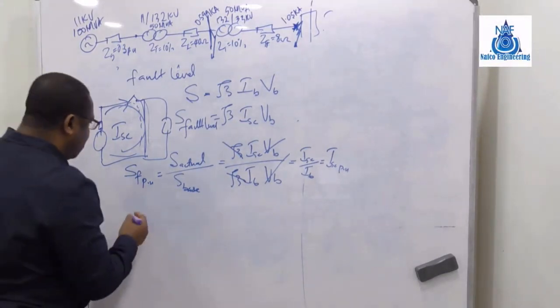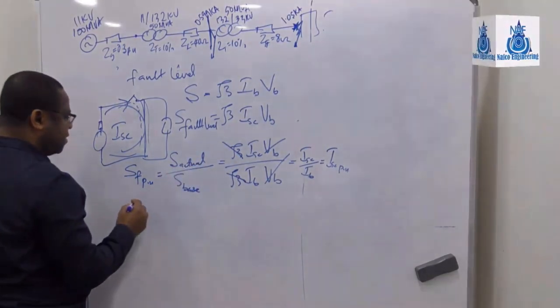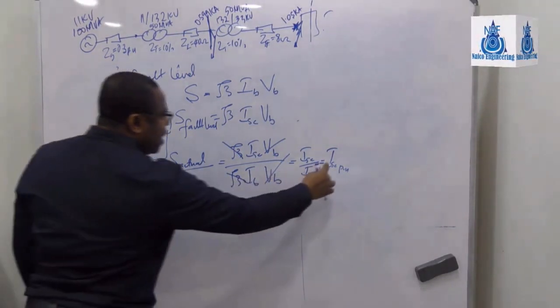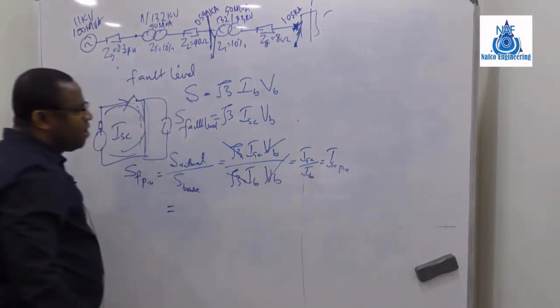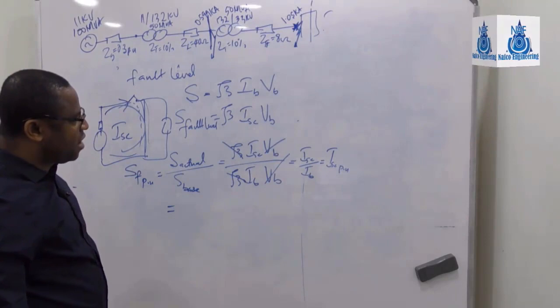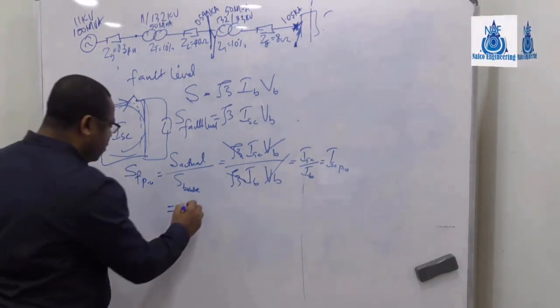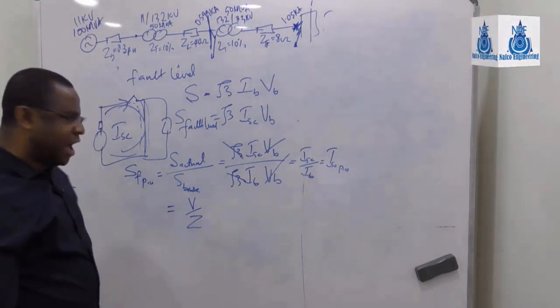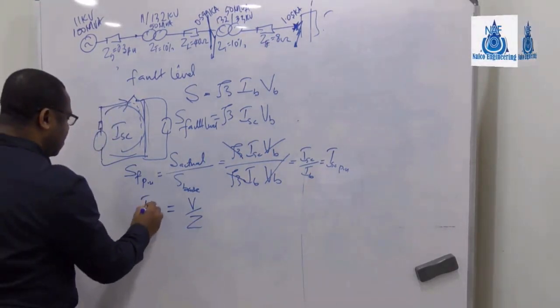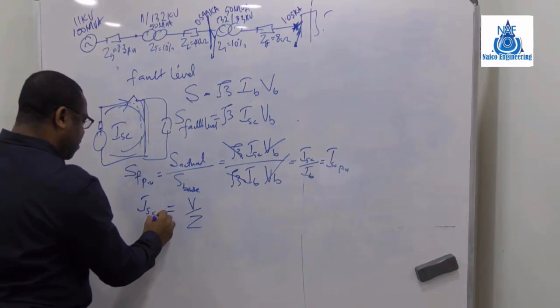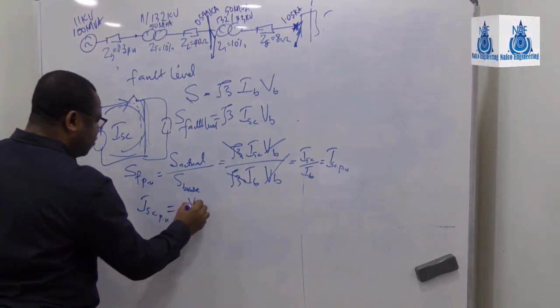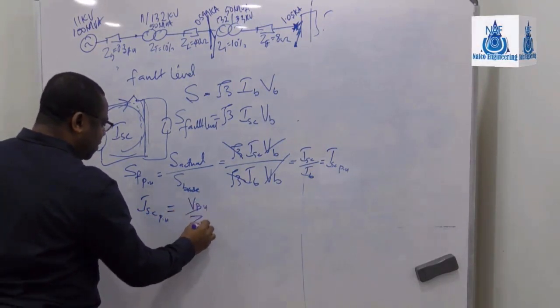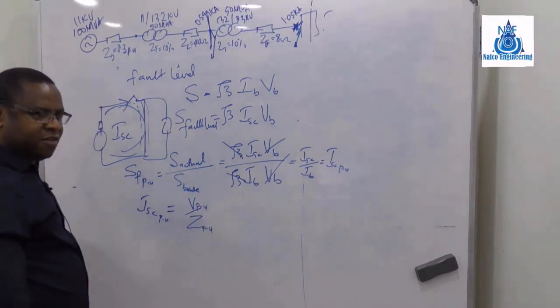So we can write this I. You remember that current I is voltage V over Z. This is in per unit, so it must be V in per unit over Z in per unit. It must be the same thing.